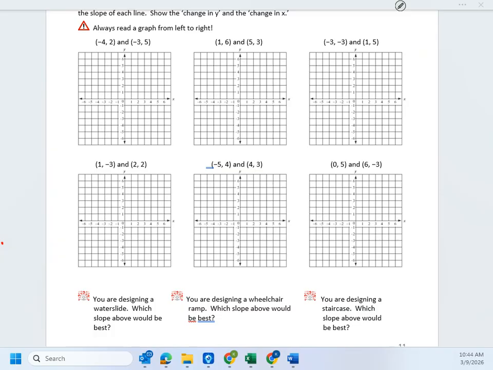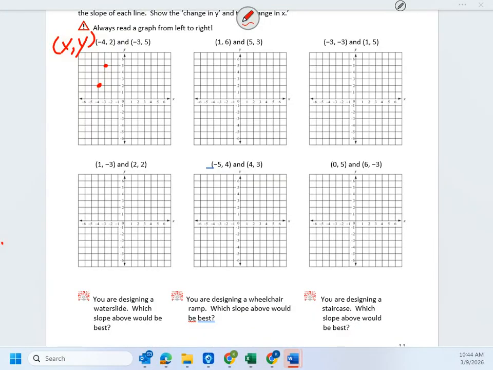Our first step is to plot our points. So we have (-4, 2). Remember that it's x, y, so you do your x first, and then you do the y. Then we have (-3, 5). So I plot my two points.